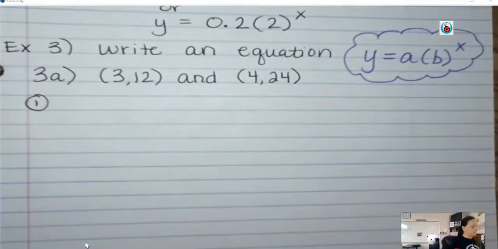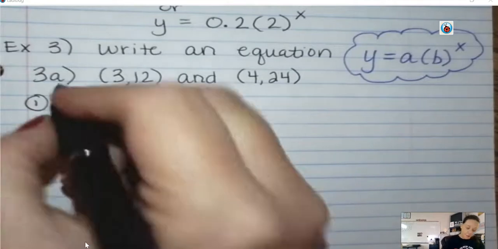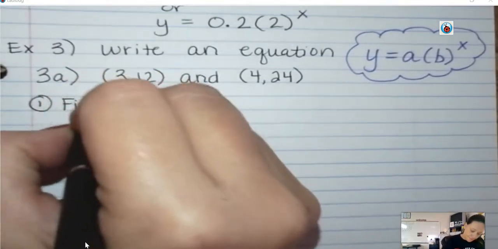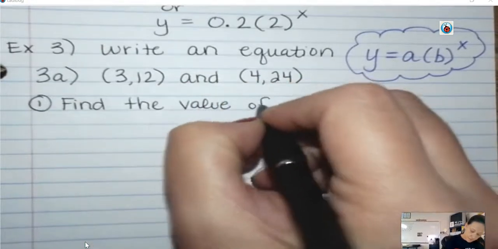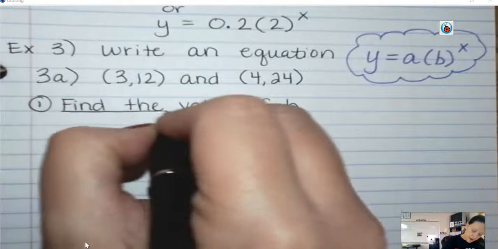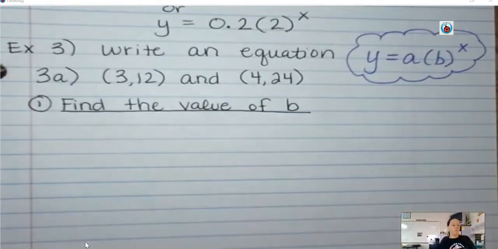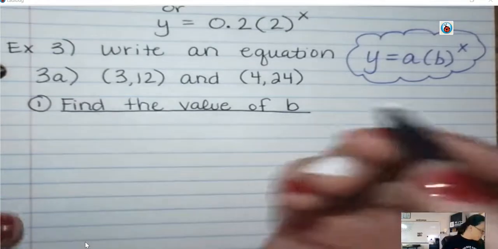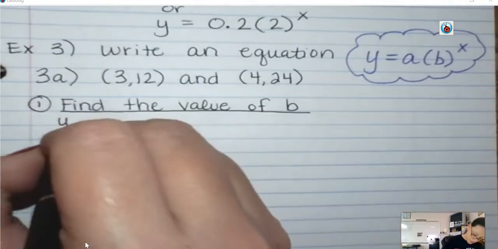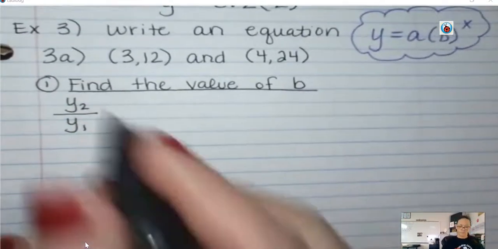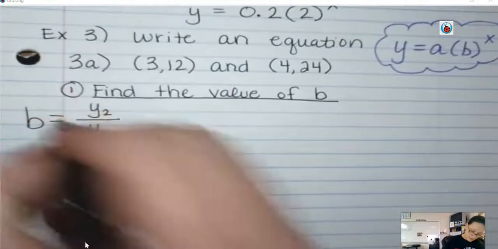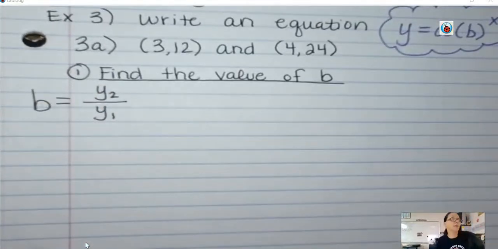So the first thing you're going to do is we want to find the b value. So to find the value of b, you're going to take y sub 2 and divide it by y sub 1. b equals y sub 2 over y sub 1.